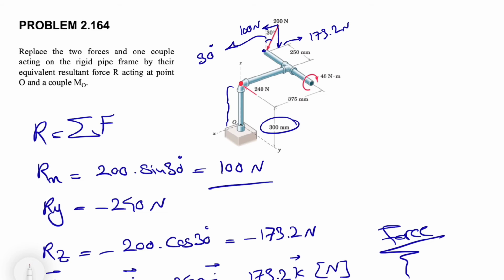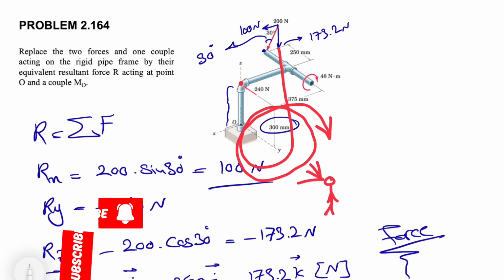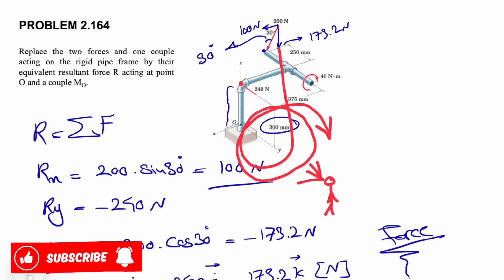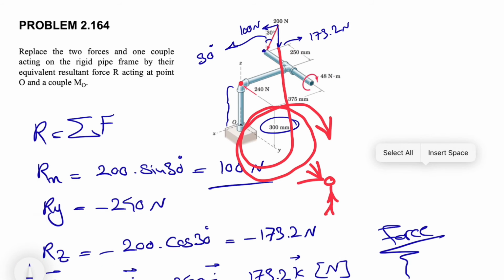Let's figure out about which axis this force can make a moment. Looking at the 173.2 Newton force, we'll see that it can make a moment about the y-axis. It's in the opposite direction of the z-axis, which means there wouldn't be any moment about the z-axis. So looking at this, we'll see that it can make a moment like that about the y-axis. And again, we have our little guy looking at the y-axis.